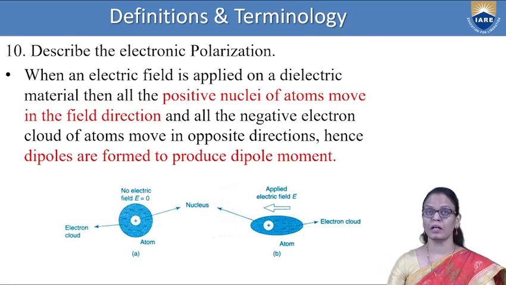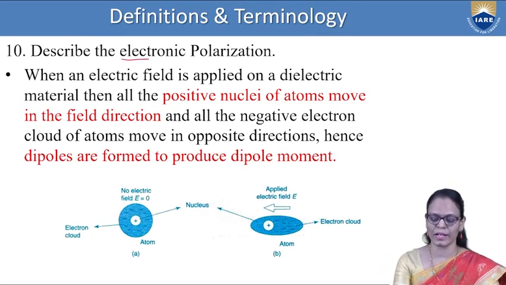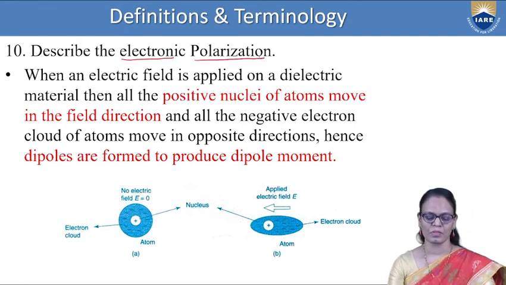Now describe electronic polarization. What is electronic polarization? When an electric field is applied on a dielectric material, all the positive nuclei of the atoms move in the field direction and all the negative electronic cloud of atoms move in the opposite direction, and hence dipoles are formed, and that produces the dipole moment.